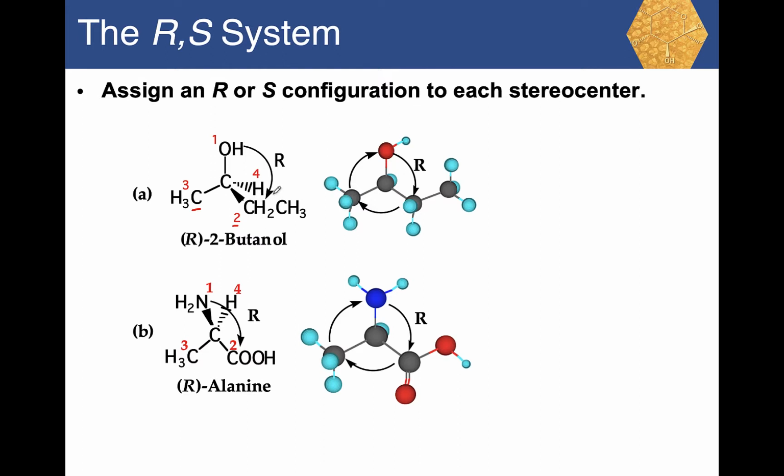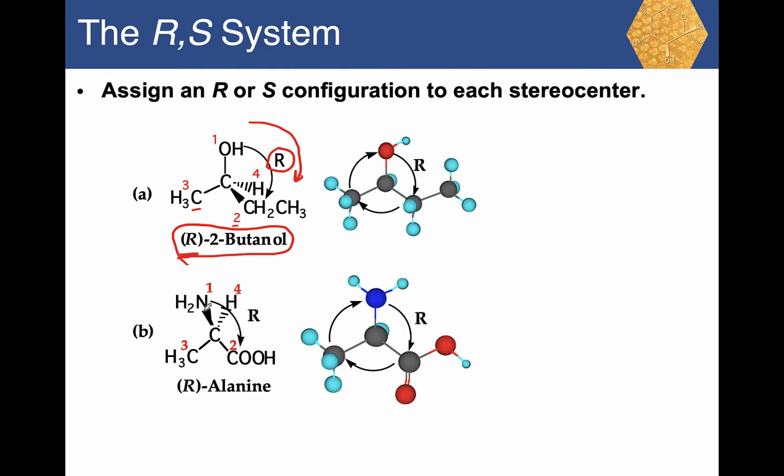Also important, it's in the back. You trace 1, 2, and 3. We get R. So the absolute configuration of this molecule is R, and its complete name now becomes R-2-butanol. Let's look at alanine.